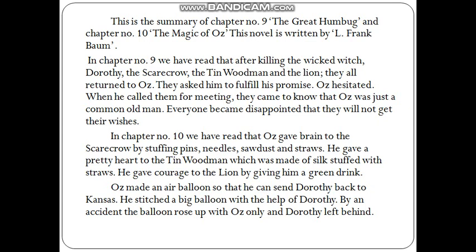I am not giving details here, right? By an accident, the balloon rose up with Oz only and Dorothy left behind. What were the expressions of Dorothy that time? That is not necessary. So just in limited words, I have shortened up here chapter number 10 as well.